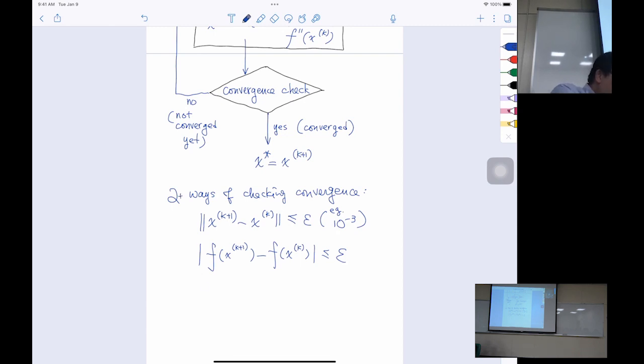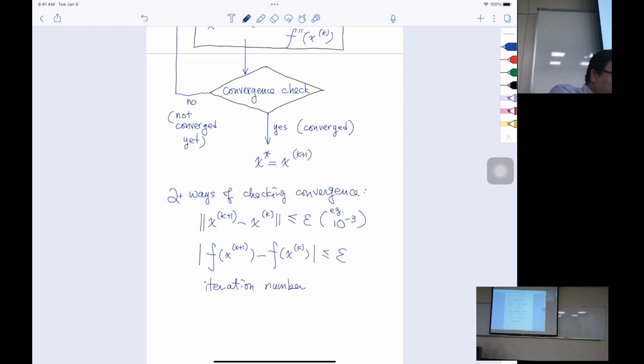Also, if the iteration number is larger than some limit, you can put an equal, or not equal.